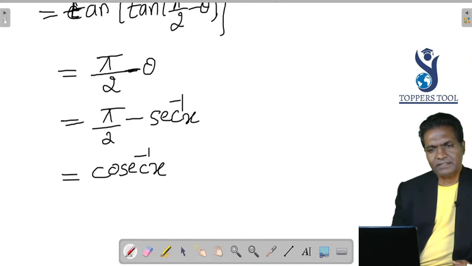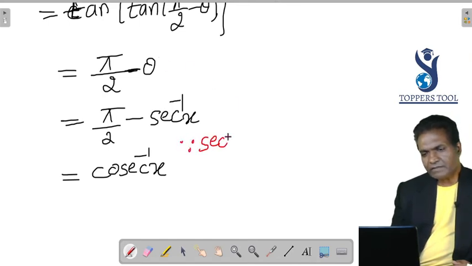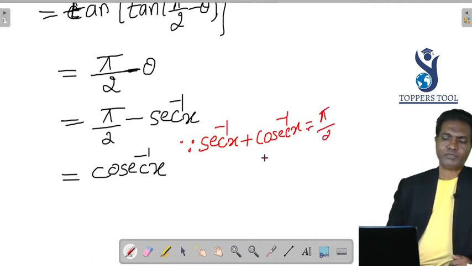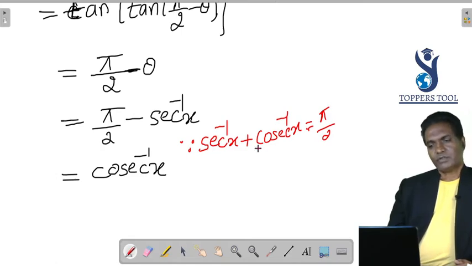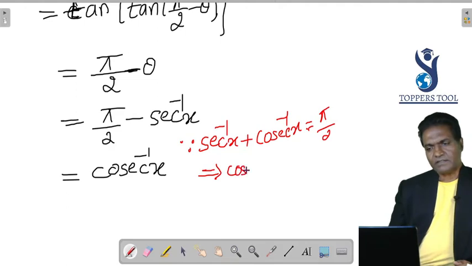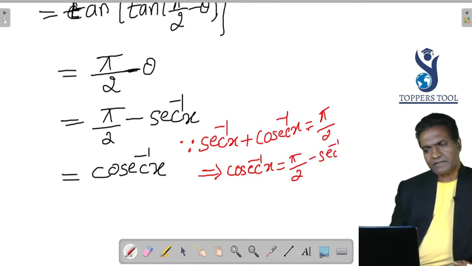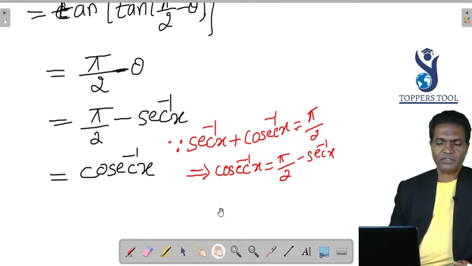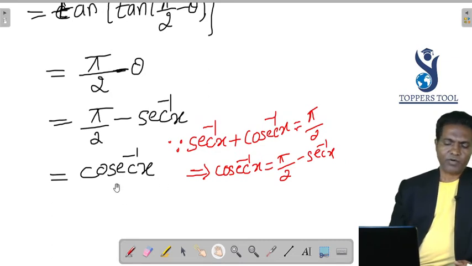Why? Because there is a property, sec inverse x plus cosec inverse x, that we proved, is pi by 2. So cosec inverse is pi by 2 minus sec inverse. This implies cosec inverse x is pi by 2 minus sec inverse x. So this is your simplest form.